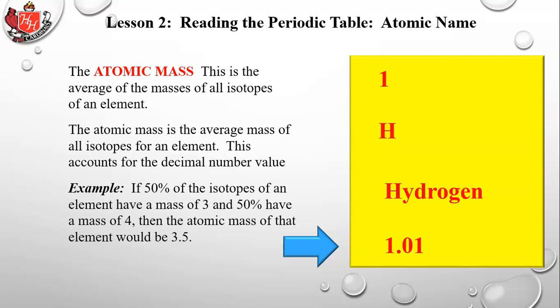Example, if 50% of the isotopes of an element have a mass of 3 and 50% have a mass of 4, then the atomic mass of that element would be 3.5, halfway between 3 and 4.